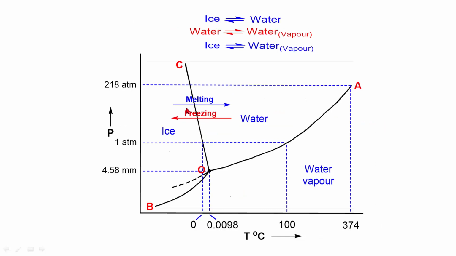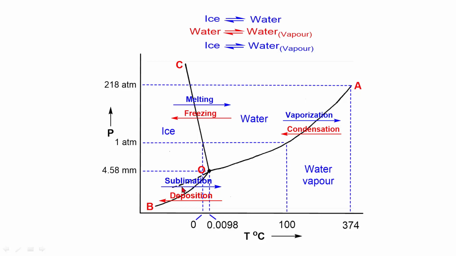Along the line, with increase in temperature, melting will take place. Along the line, with the decrease in temperature, formation of ice will take place. Here along the line, if we increase the temperature, vaporization will take place. Along the line, if we reduce the temperature, condensation will take place.